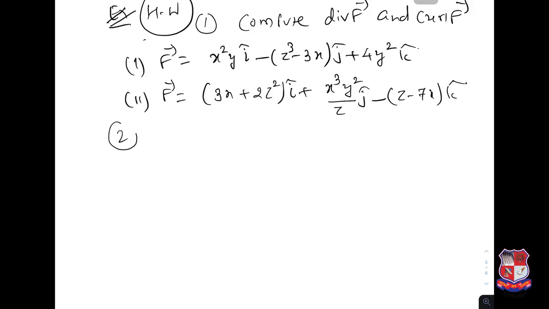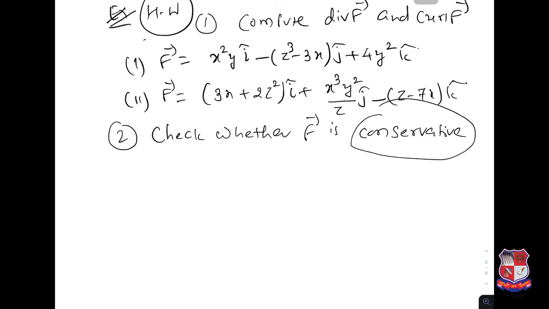Let us take one more. So check whether f is conservative. Now conservative means irrotational, means its curl of f is 0 vector.